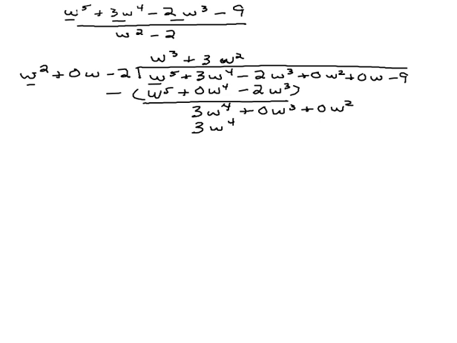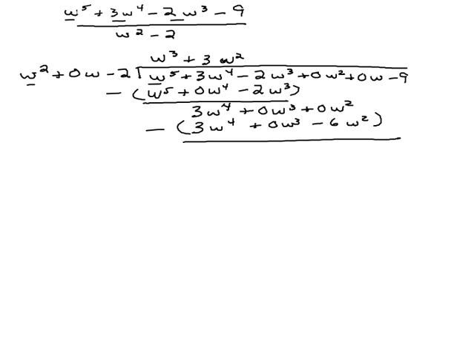And 3w squared times 0w is plus 0w cubed. And then 3w squared times minus 2 is minus 6w squared. Once again, we subtract. 3w to the fourth minus 3w to the fourth is gone. 0 minus 0 is 0.